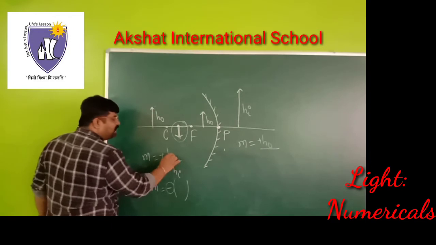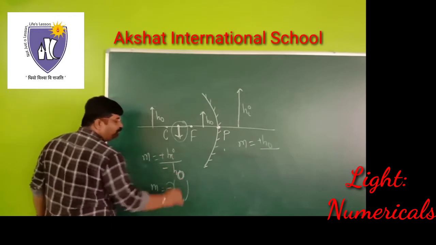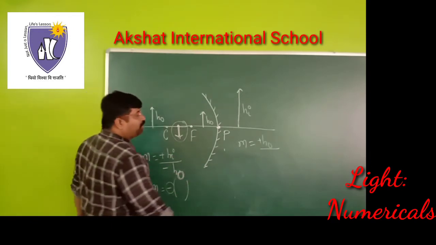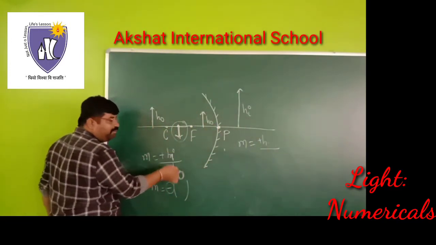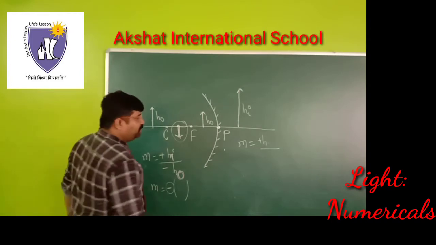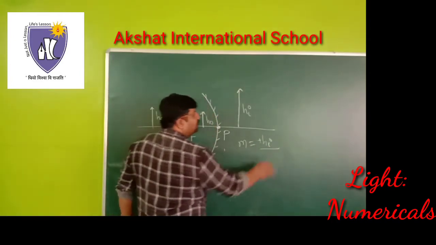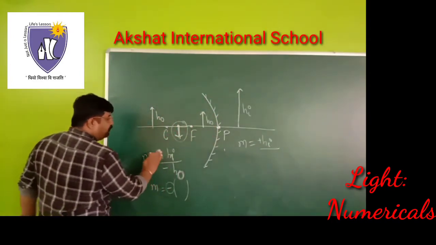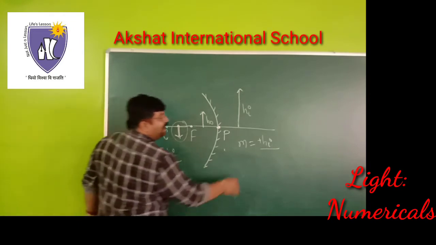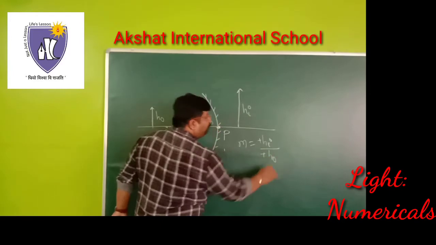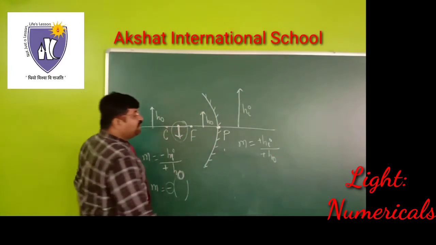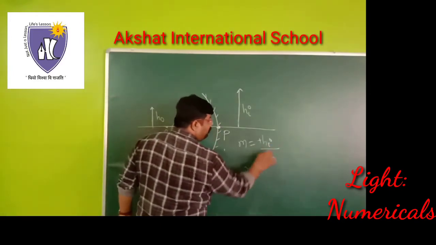This is the ratio of the height of the image with respect to the height of the object. Here also, this is HI, which is positive, and this is HO, again positive. So in this case also m is positive.